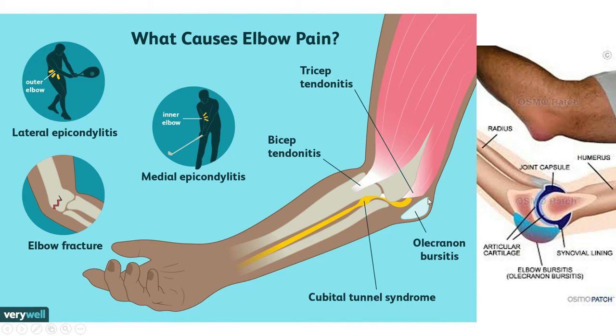Now if there is any bursa over the olecranon, this is called student's elbow or olecranon bursitis. Okay, and if there is any pain just below the elbow on the medial aspect, it is called cubital tunnel syndrome. This is a peripheral nerve compression type of injury. Okay, so the elbow is very easy to diagnose.